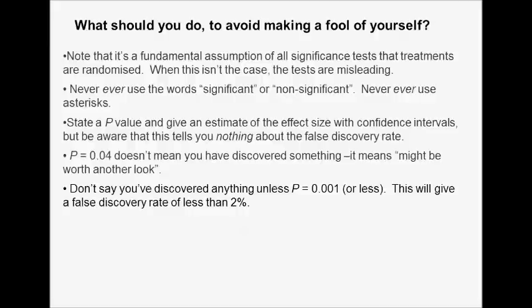On the other hand, there may also be a cost in failing to detect a real effect when it's there. And if you use p equals 0.001, you're going to miss quite a lot of real effects that are actually there. If, for example, you're doing a preliminary screen on a series of drugs, it would be silly to use p as low as 0.001 because you're going to miss a lot of potential drugs.